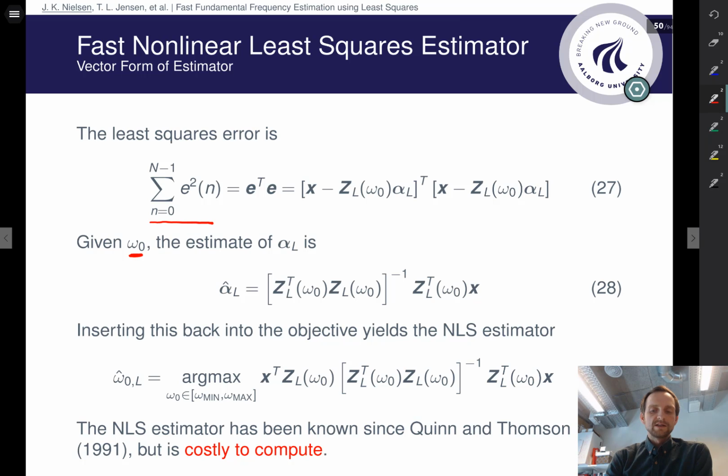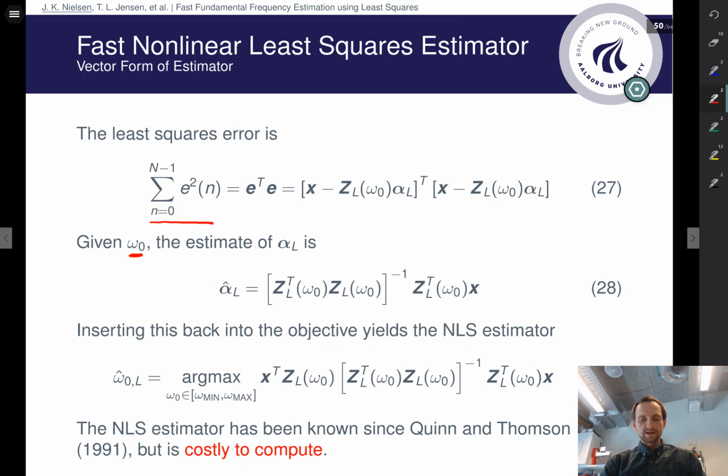Then we plug this back into the objective in equation 27 and rewrite it a bit, and we can see that the fundamental frequency that maximizes the expression in 29 will also minimize the least squares error. This estimator is not new. It has been known for at least 25 years, but so far no fast implementation has been known.